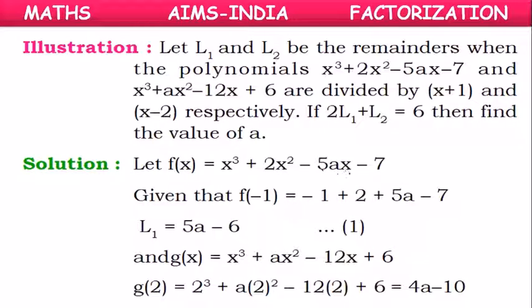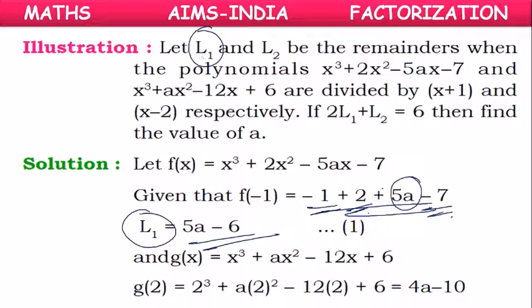Then 5 into a into x means 5 into a into minus 1, but in the beginning we have minus, minus into minus plus, 5a. Last term we have minus 7. After simplifying, minus 1 minus 7 is minus 8, plus 2 is minus 6. Here 5a is there, so this can be written as 5a minus 6, which is equal to L1.